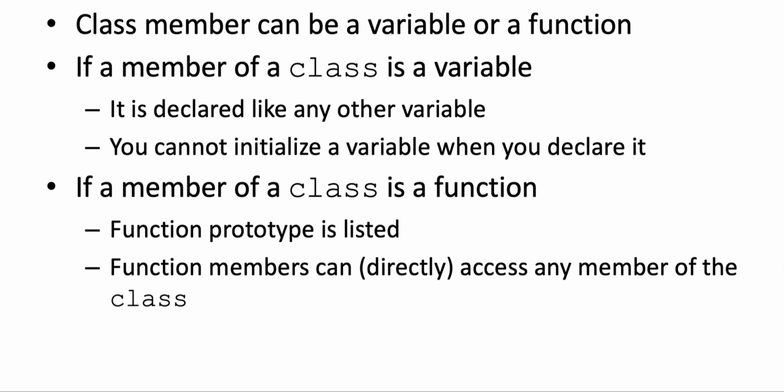A member function can directly access any member of the class, member variables and member functions, that is, when you write the definition of a member function, you can directly access any member variable of the class without passing it as a parameter. The only condition is that you must declare an identifier before you can use it.